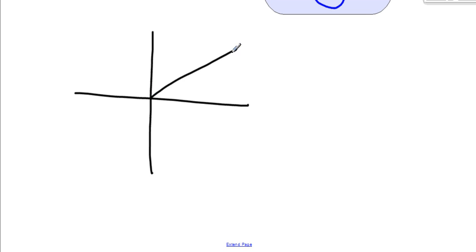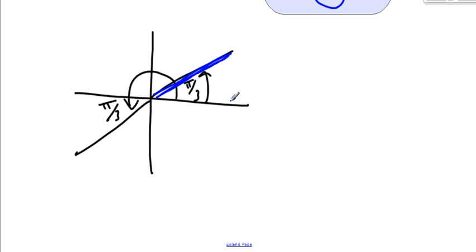Here's one terminal arm and here's the other terminal arm. Pi/3 is the related acute angle, but of course we want the actual principal angle. It's always nice when things are in the first quadrant, because if I start here and rotate here, then the related acute angle is the same as the principal angle. So one of my answers is just pi/3.